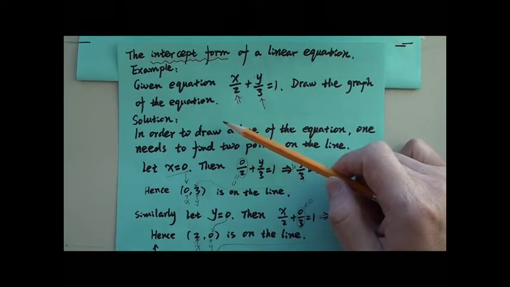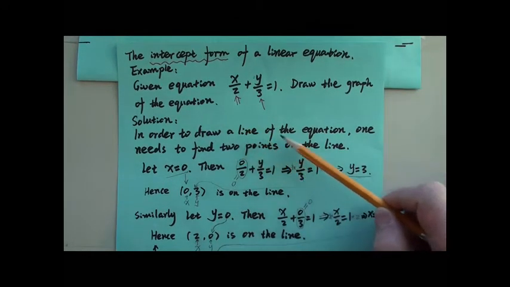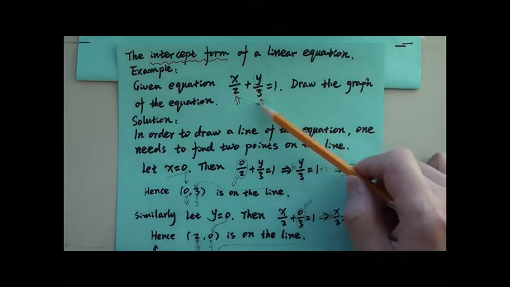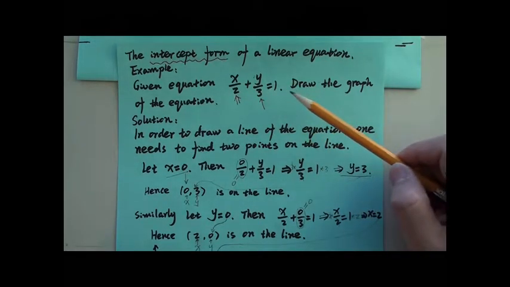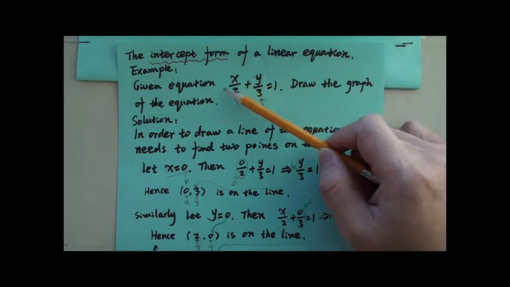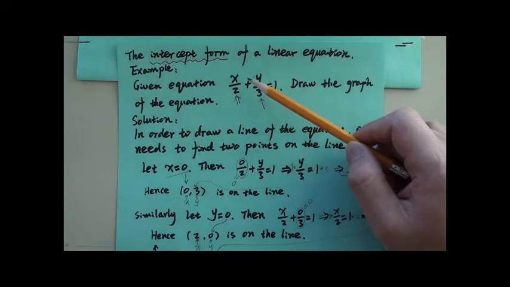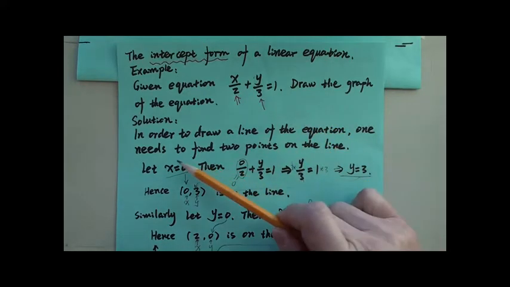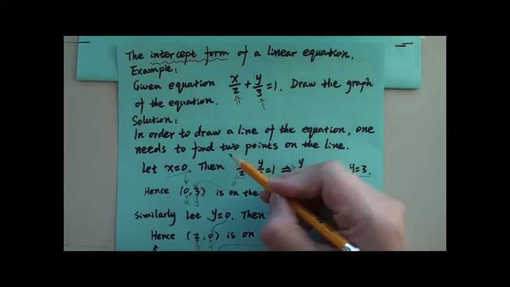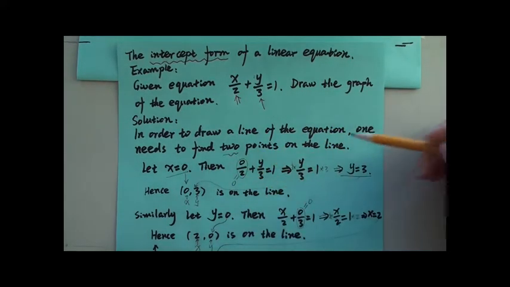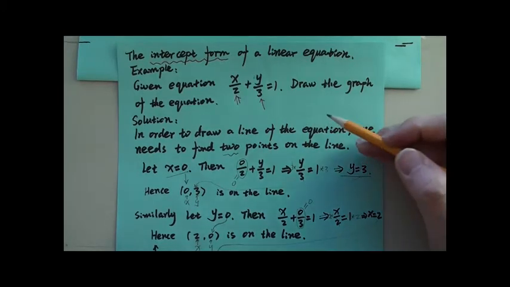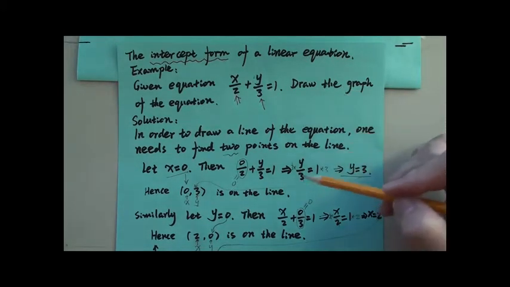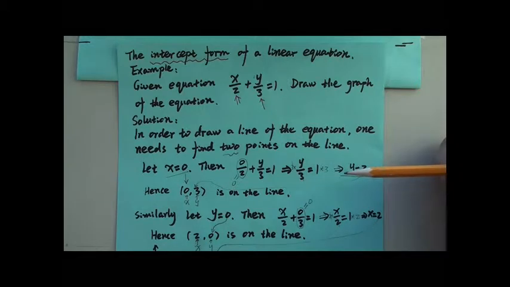In order to draw a line of this equation, we know that the graph of this one is a line. Then one needs to find 2 points on the line. If you have 2 points, you connect 2 points, you should have a line.